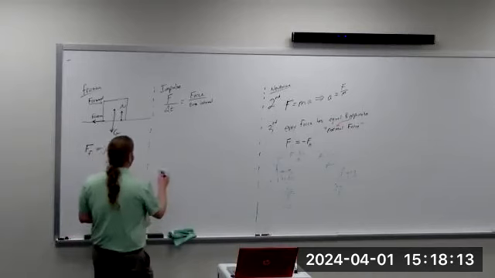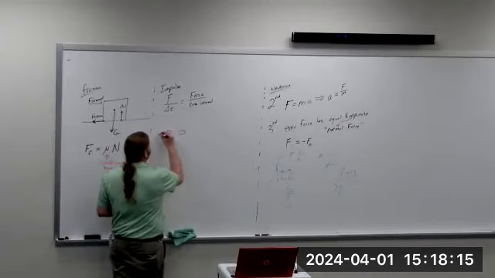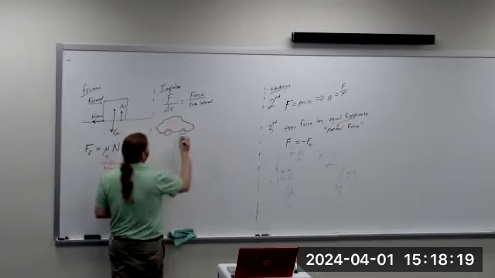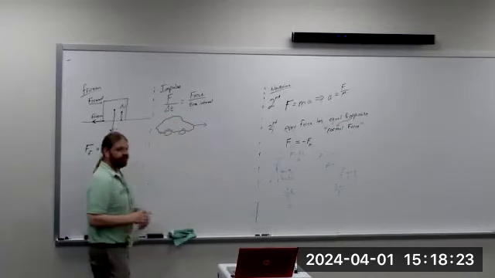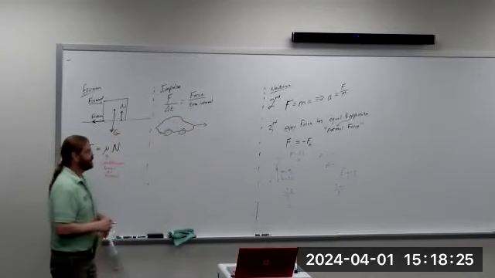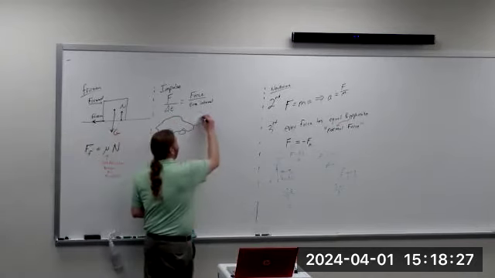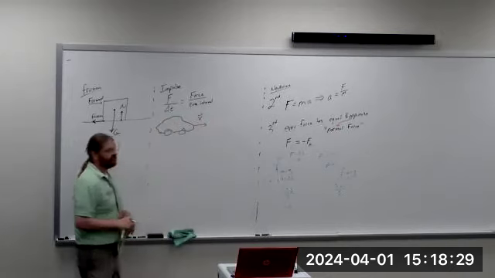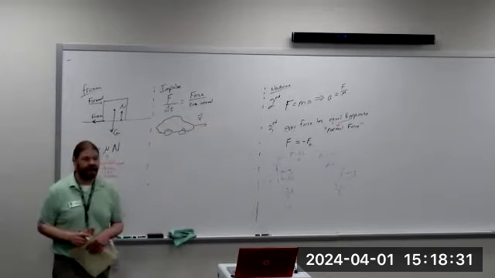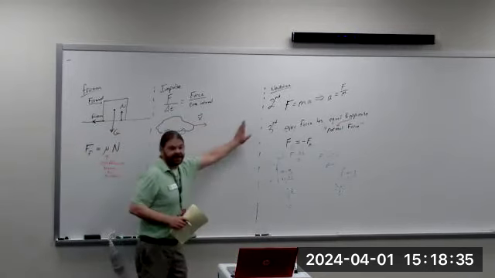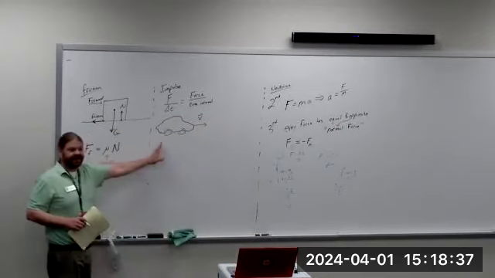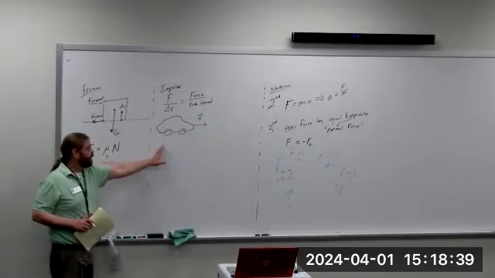So for example, let me draw a couple cars here. Have this car moving forward with some force, right? It's already got an acceleration. Well, let's say it's moving forward with a velocity. So there's not currently any acceleration, but when we go to stop it, there will be. If this is positive, then there's going to be an acceleration in the negative direction to stop it.